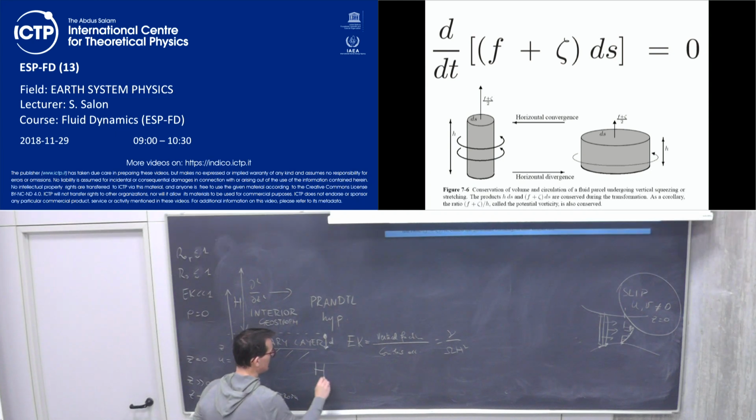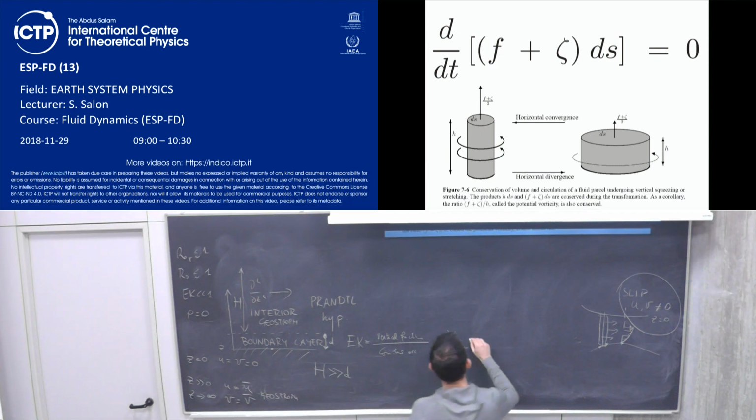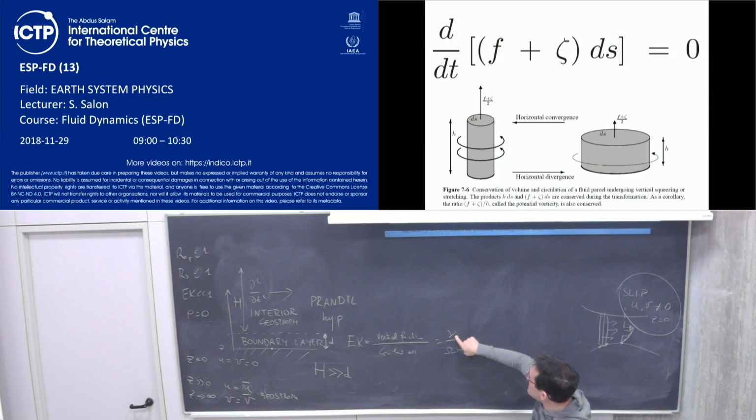So we can say that H is much larger than D. This is a hypothesis, okay? So we can say, okay, we have an interior which is so deep, and the boundary layer which is very, very thin. So let's try to consider this. Okay, now we can consider kinematic viscosity, molecular, 10 to the minus 6.